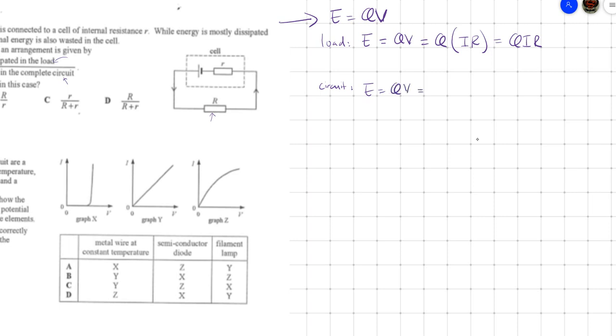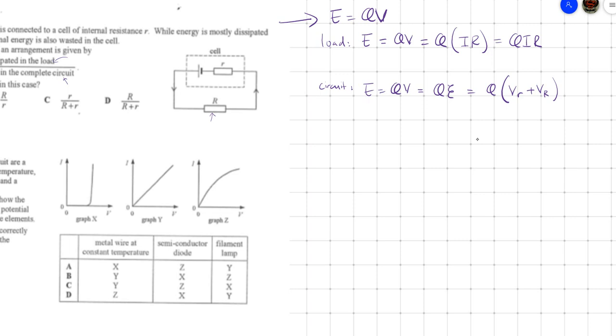If you remember when you did EMF, the EMF is just this little symbol here. Because we're looking for the voltage of the whole circuit combined, which is the EMF, that comes from the battery itself. So we've got Q, and the EMF is going to be the voltage across the internal resistor plus the voltage across the load in this case.